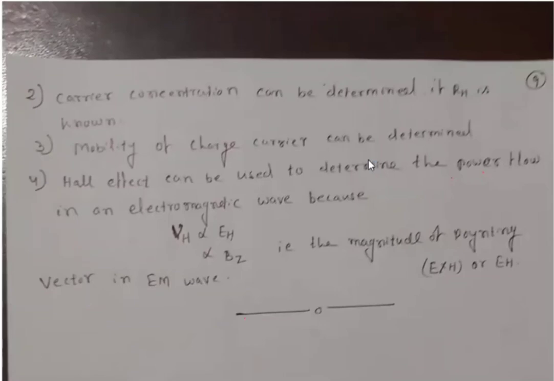Mobility of the charge carrier can also be determined. The Hall effect can also be used to determine the power flow in an electromagnetic wave, because VH is proportional to EH, which is proportional to Bz, and the Poynting vector, we know, is E cross H, which basically represents the flow of power for an EM wave.